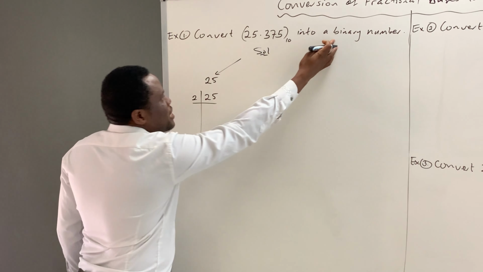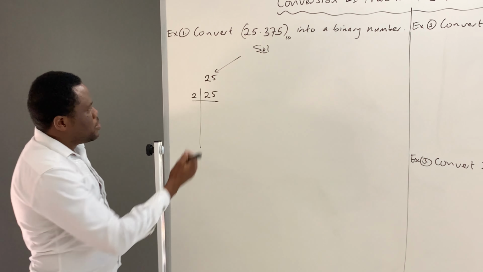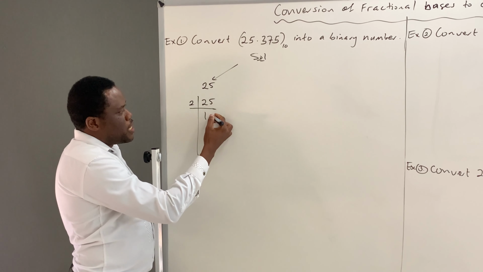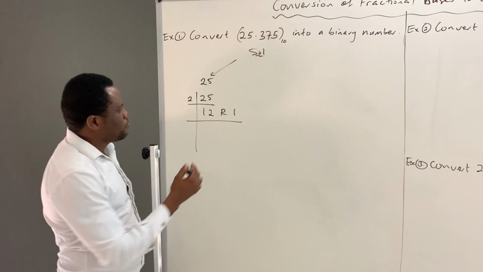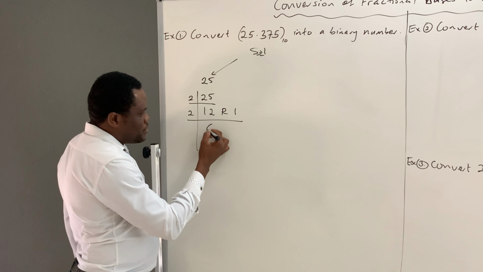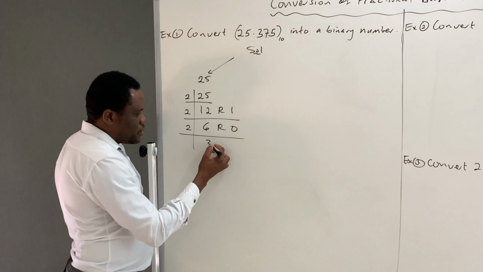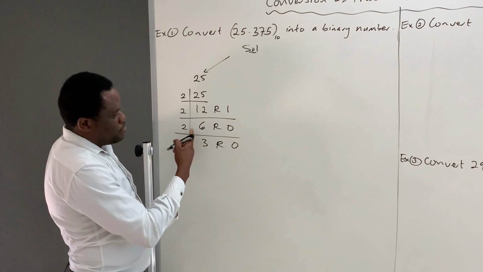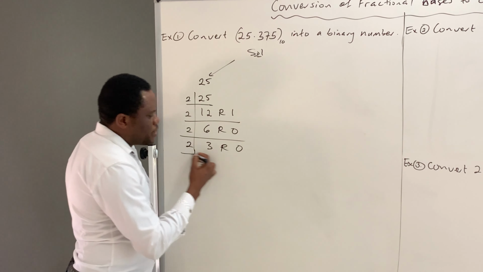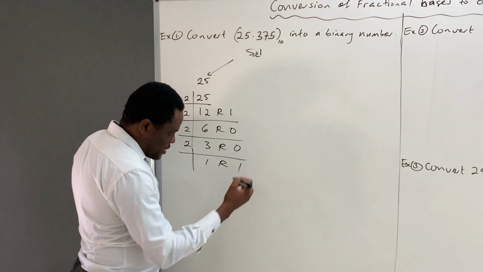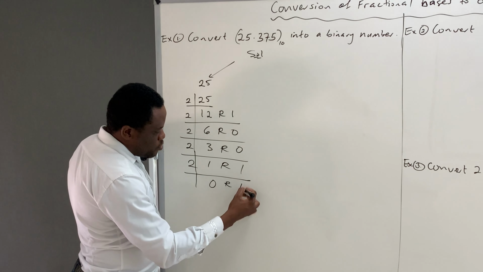25, binary is 2. We divide as usual. 2 goes here, 12, left 1. That's like what we did before. 2 again, 6, left 0. 2 again, 3, left 0. 2 again, 1 remaining, 1. 2 again, 0 remaining, 1.